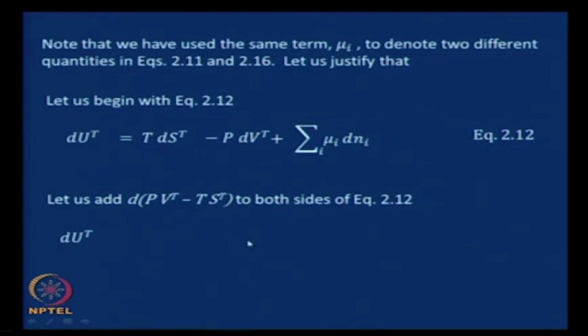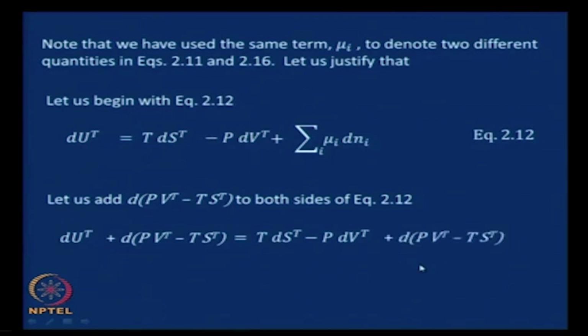If we do that, dU_t plus d(PV_t minus TS_t) equals T dS_t minus P dV_t plus the same quantity on the right hand side plus summation of μ_i dN_i. Note that we can combine these together, the differentials are additive.